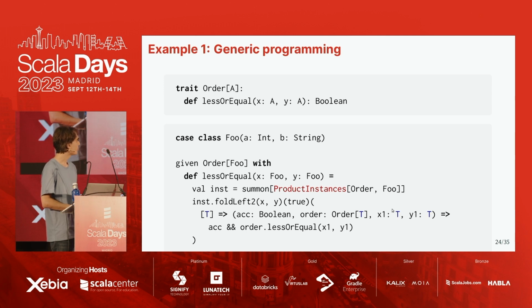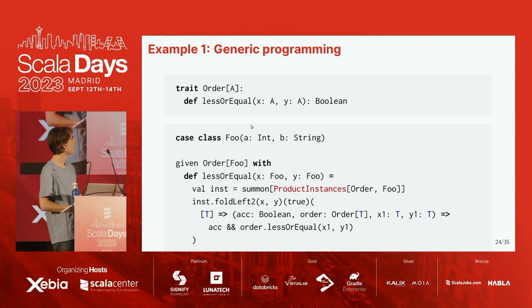So here we get a T. We could use Any, but then we couldn't use the order. So instead we want something polymorphic, so we can say, okay, I have x of type T, y of type T, and then I have the Order of T that lets us relate these things together. And the nice thing about this is, usually if you're defining your own case classes, you wouldn't go to all this trouble.